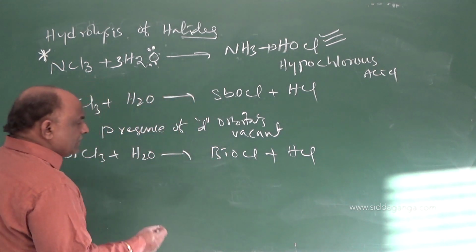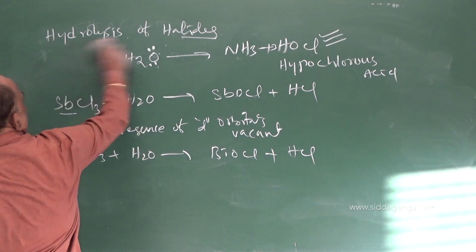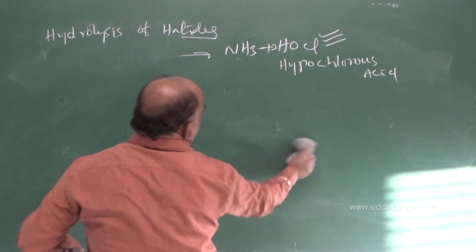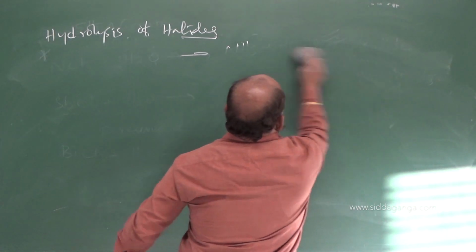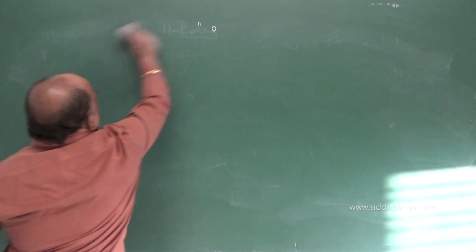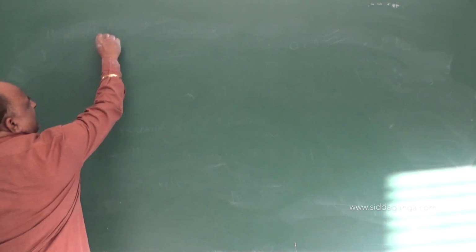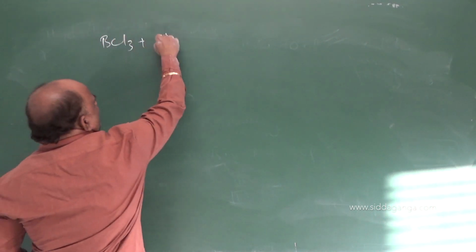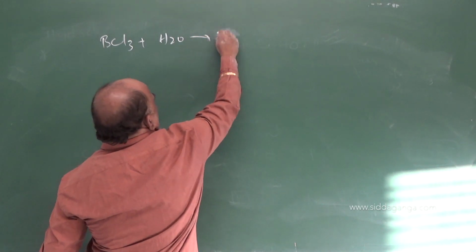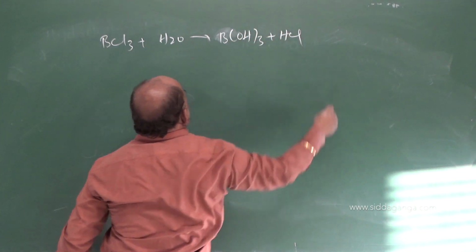And there is one more question in this example. Once again, you should remember these equations. All equations are not followed in the general pattern. Some equations are followed in a different pattern. So what equations did we discuss? BCl3 plus H2O gives rise to B(OH)3 plus HCl.